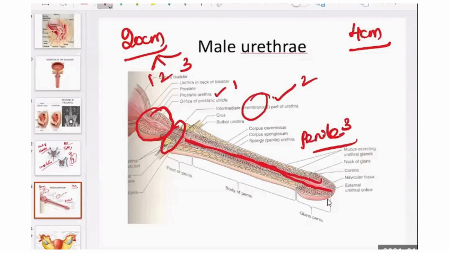The dilatation at this level, right? Once it is entering the male external genitalia, it shows a dilatation. That fossa is called the navicular fossa. Again, you see the male urethra is opening externally at the external urethral orifice.